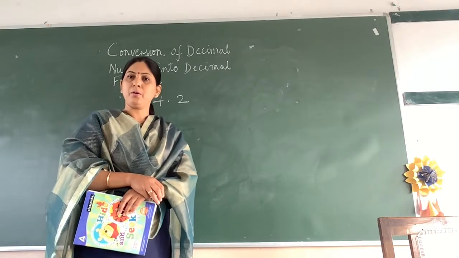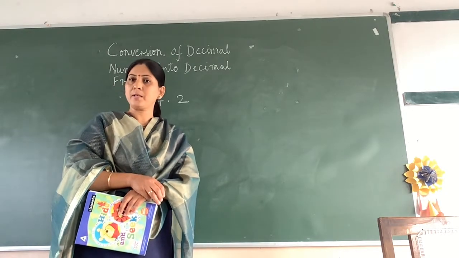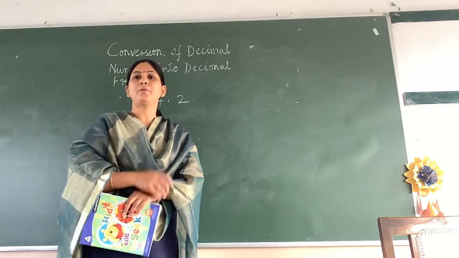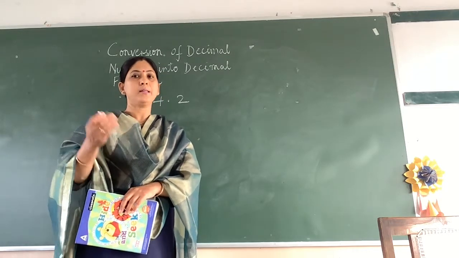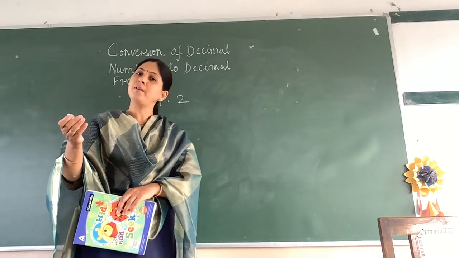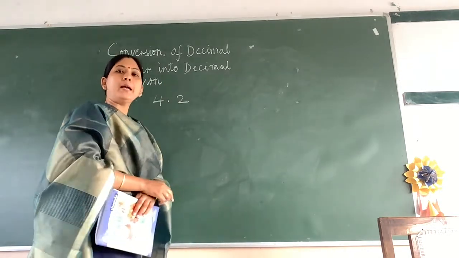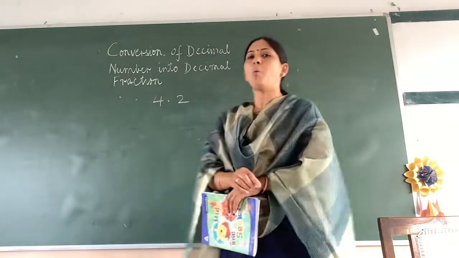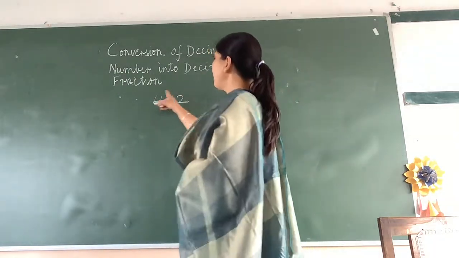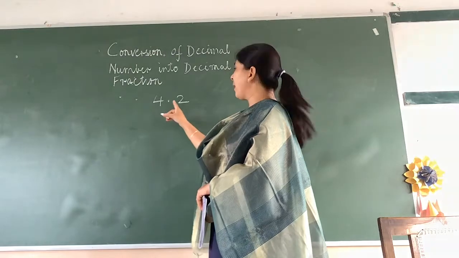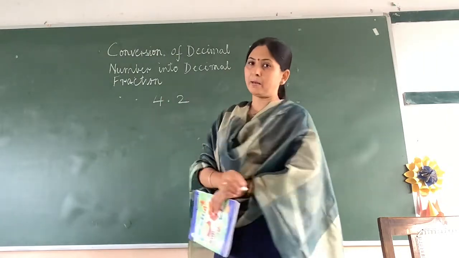How will we do? Now, a decimal fraction is a fraction whose denominator is 10, 100, 1000 or a multiple of 10. To convert this decimal number into a decimal fraction, what will we do, children? We will write this number without the decimal point.